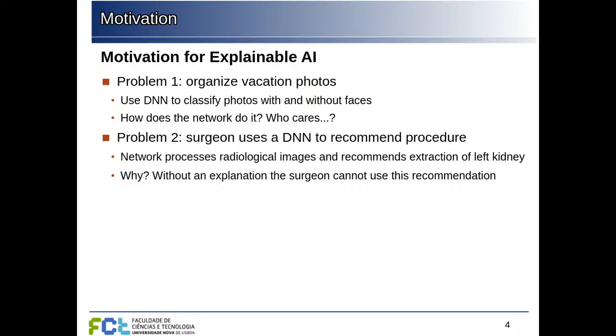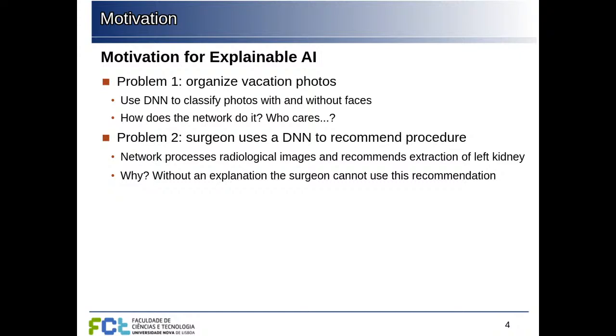So in these cases, when we have at the other extreme the outcome of a deep neural network recommending or doing something that will have impact on the lives of people, something that is important, in that case we really need to have some justification so that there can be trust and oversight and control over what the network is doing.